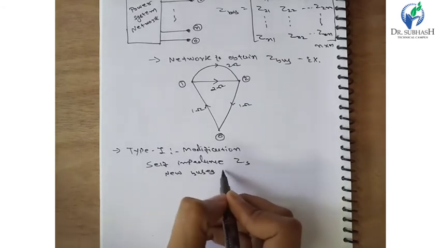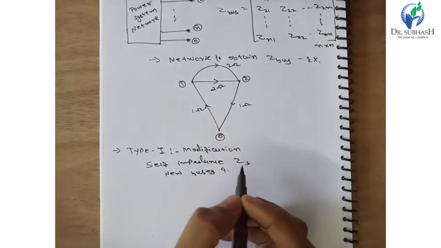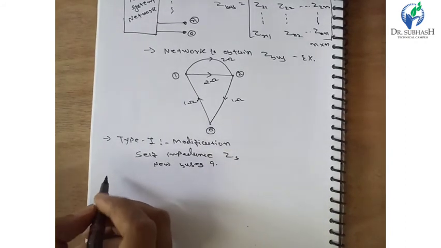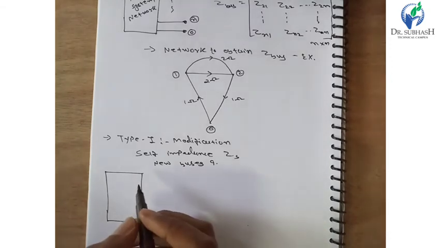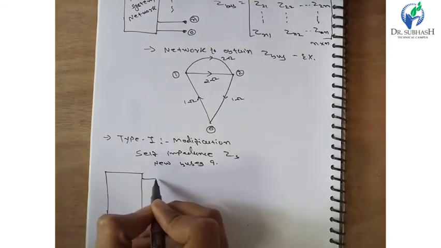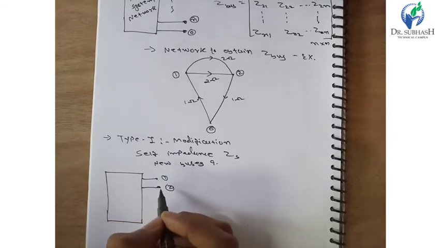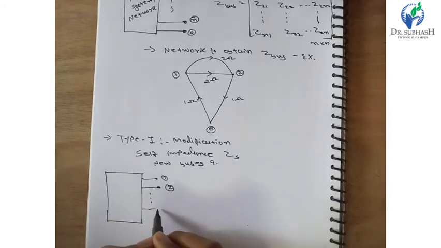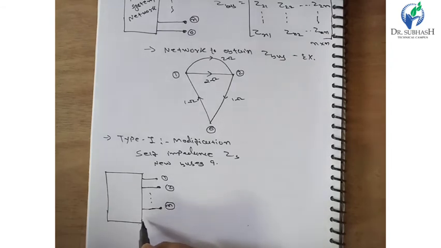This new bus is known as Q. So the type 1 modification figure is as here. This is branch one, this is the second, up to n, and here we added the reference bus 0.